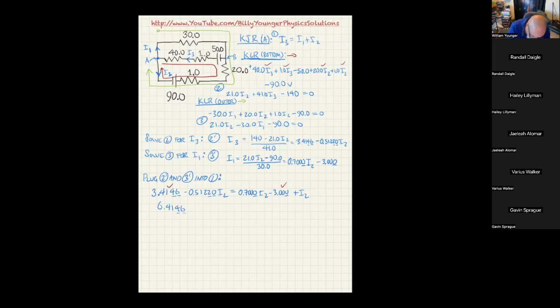And now I'm going to add 1.7 because when you add the 0.7 and 1, you get 1.7. So I'm going to say 1.7 plus 0.51220. That's going to give me equal to, oops, wrong color. Hate when I do that.